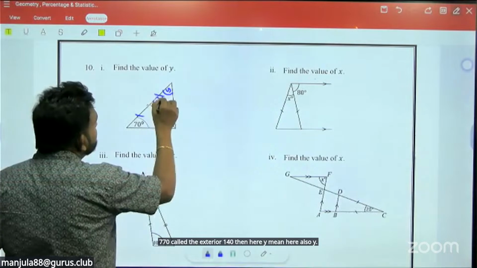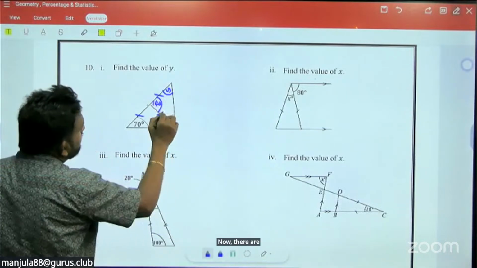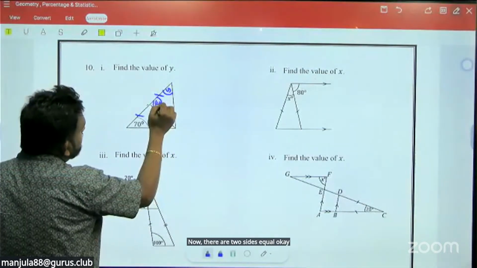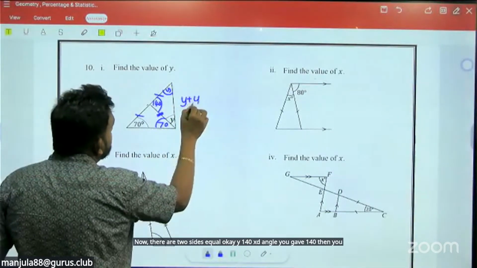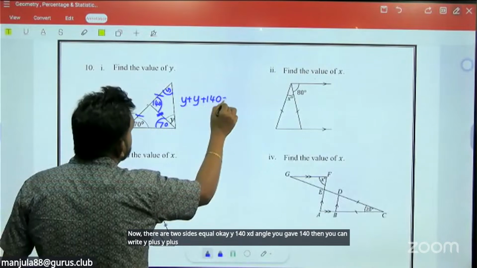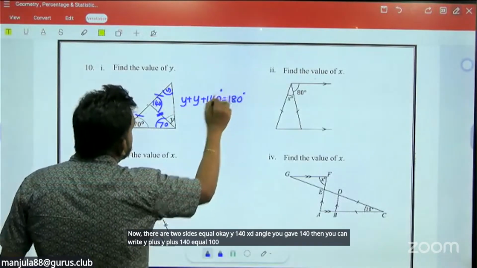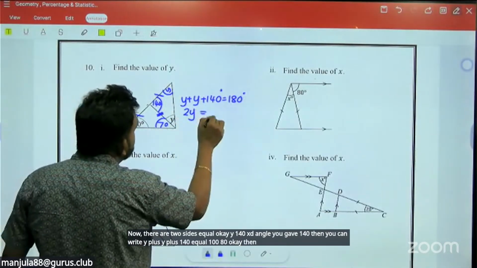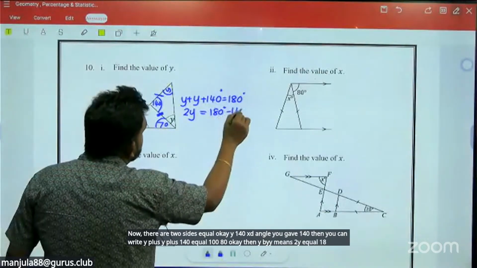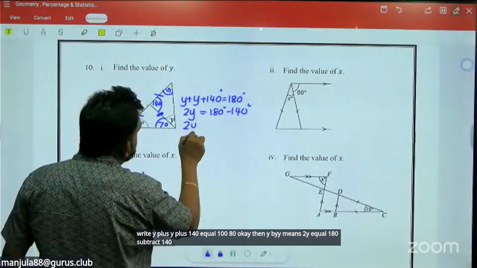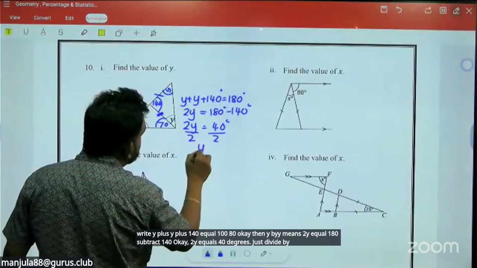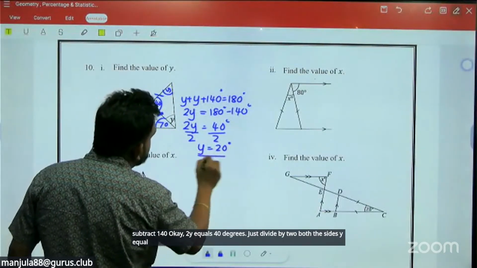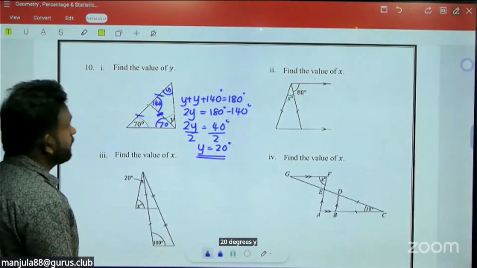Now these two sides are equal. The exterior angle is given as 140. Then you can write y plus y plus 140 equals 180. So 2y equals 180 subtract 140. So 2y equals 40 degrees. Just divide by 2 on both sides. y equals 20 degrees.